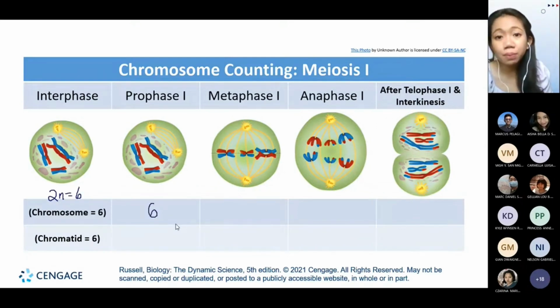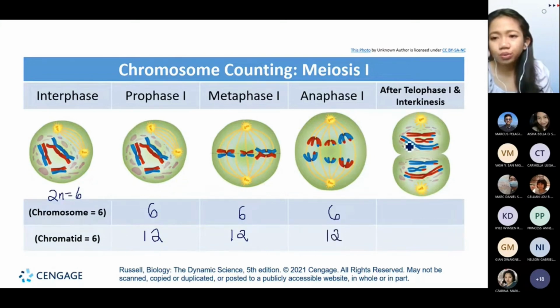And remember, the DNA has still replicated, so we still have chromatids, so 12. Okay? So this continues at metaphase with 6 and 12. By anaphase, it's still the same. Now take note, the chromosomes did not separate, the chromatids did not separate. So 6 and 12 still.